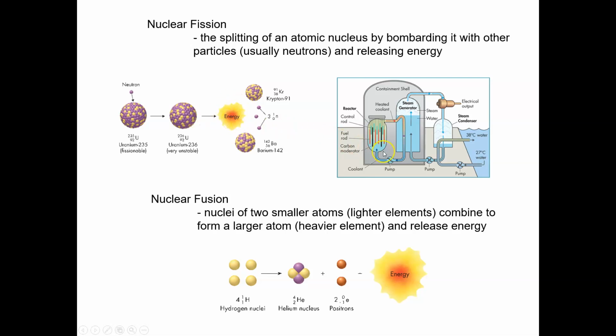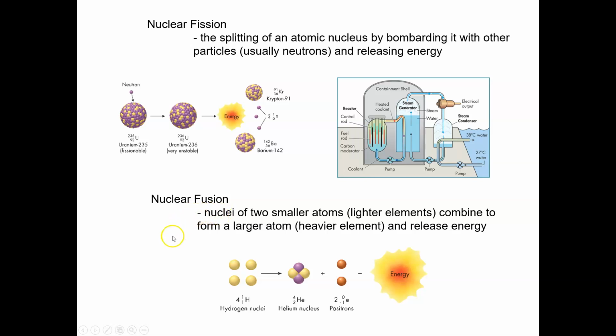In fact, this is how a nuclear power plant works. It's also how a nuclear bomb works, right? The same process happens. We're splitting the nucleus that was going to split anyways eventually, but we're causing it to speed up by bombarding it with some particles to cause it to split sooner. And we release all of that energy all at once. Okay? There's a lot of energy that's in that.